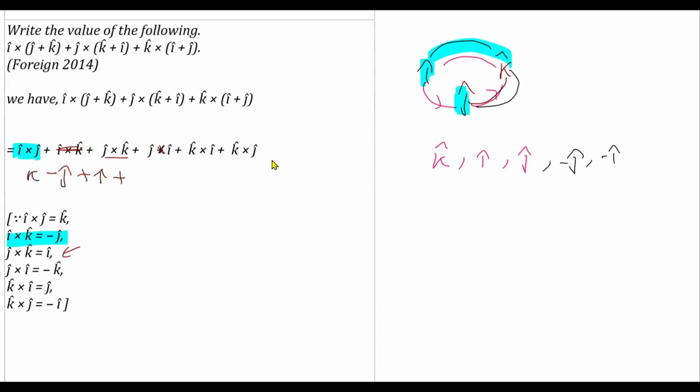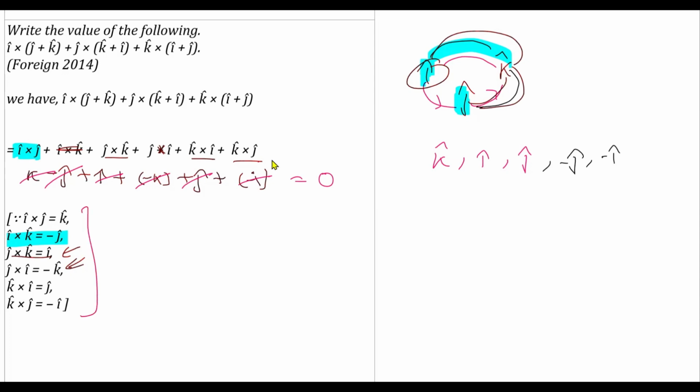Then j cross i is minus k. k cross i, you can see, should give you j. And finally, k cross j should give you minus i. Right. So you can check here that these get cancelled: minus j plus j, minus k plus k, and i and minus i get cancelled. So it will give you how much? 0.